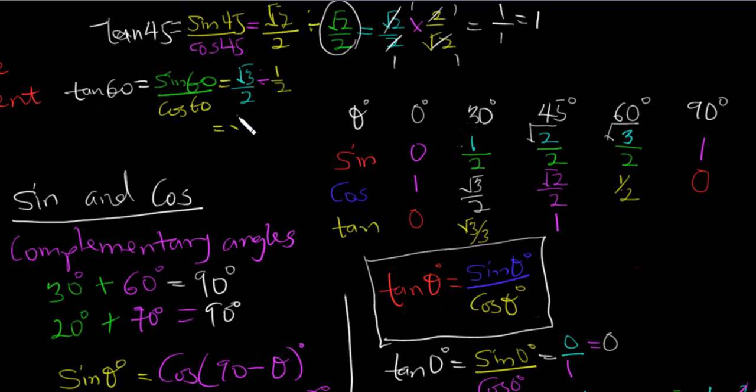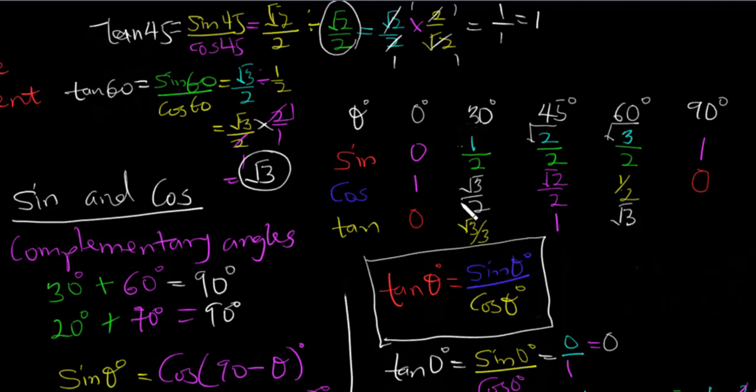So I can change the division sign to multiplication, and I'm going to have 2 out of 1 here. Okay, so let me simplify this. 2 here 1, 2 here 1, and I have root 3 times 1. I have root 3, and 1 times 1 is 1, so I'm going to have root 3 as the final answer here. So tan 60 degrees is root 3.